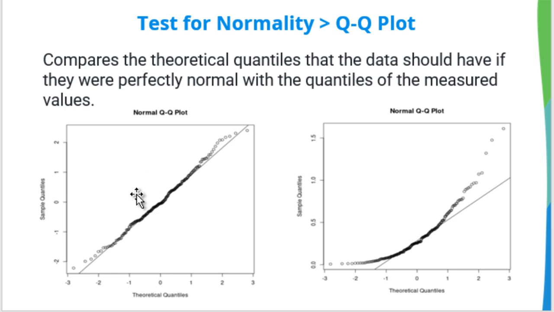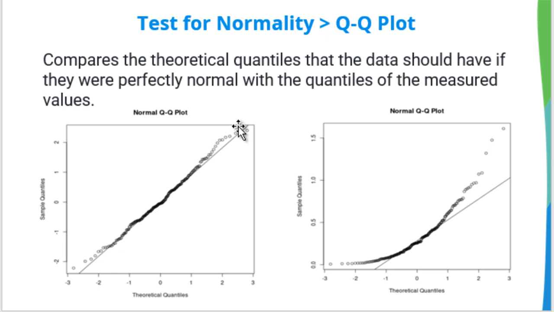So in this plot, you can see these are the observations, just dots, and they are lining up on this straight line. If they form a perfect line like this, it means that the data is normally distributed. Though you can see some little outliers here and here.